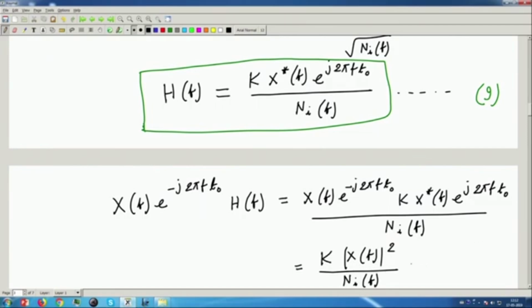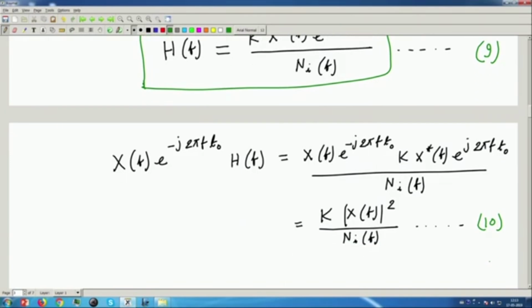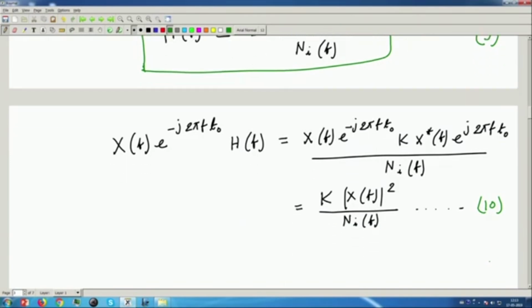So, this equation I am calling, I think it will be number 10. And you see that from here I can easily write an alternate expression of H(f), because H(f) again can be expressed in this form.